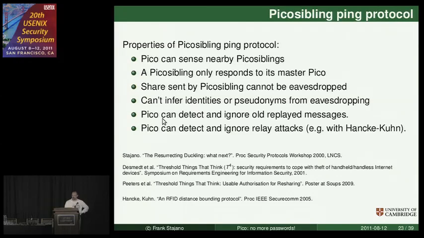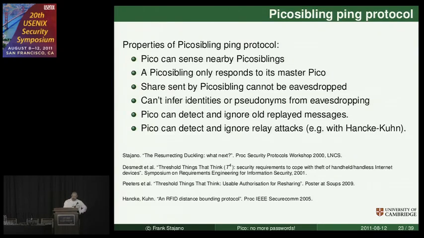The Pico is able to detect and ignore old replayed messages from other instances of the protocol. And the Pico can detect and ignore relay attacks where you have, for example, an enemy who has captured the Pico and has it somewhere else, but has rigged up this table with a repeater that listens to the Pico siblings I'm wearing and sends this back to the Pico, pretending to the Pico that it is still near me, whereby it is instead somewhere else in the hands of the opponent.